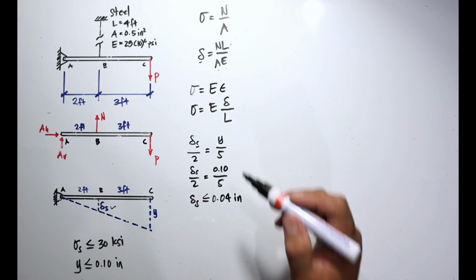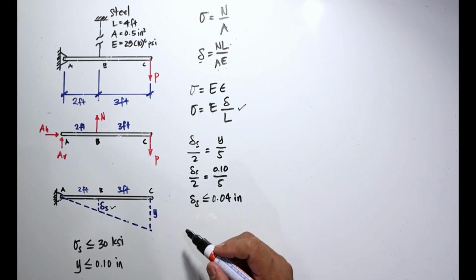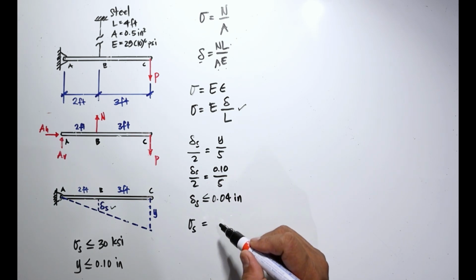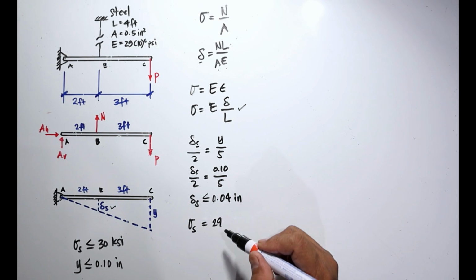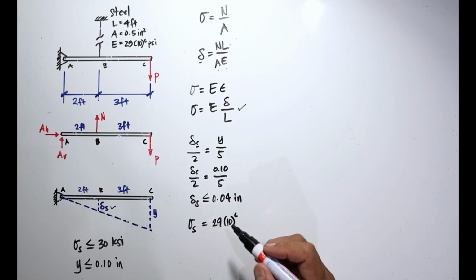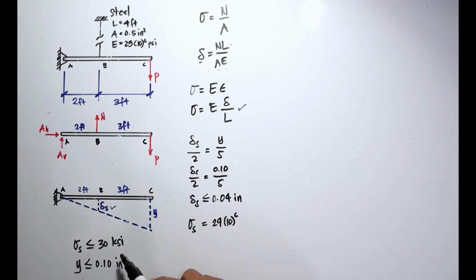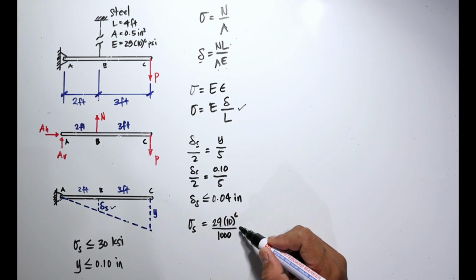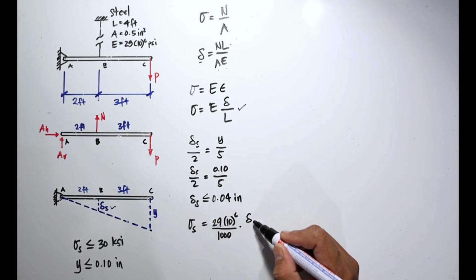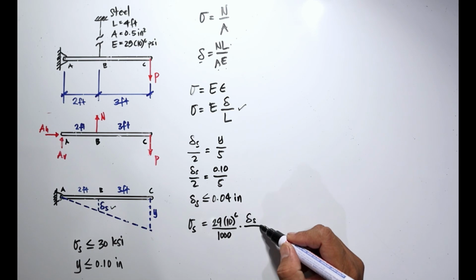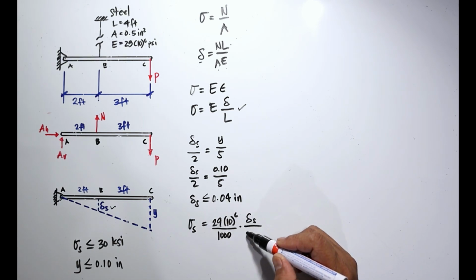Going back to this relation, we have stress in the steel equals the modulus of elasticity, which is 29 times 10 to the 6 psi. Let's convert that to ksi so that it will match the given limit for the stress. So we will divide this by 1000. Multiply that by the elongation for steel divided by the original length, which is 4.